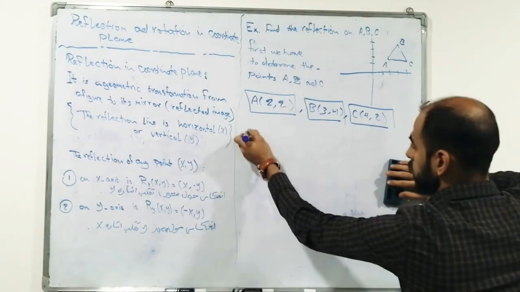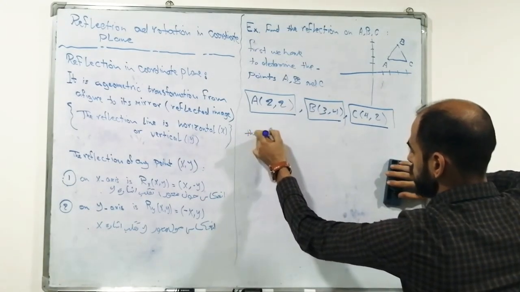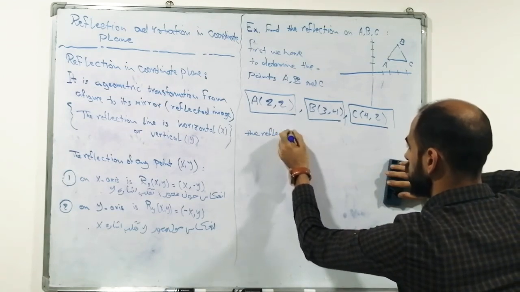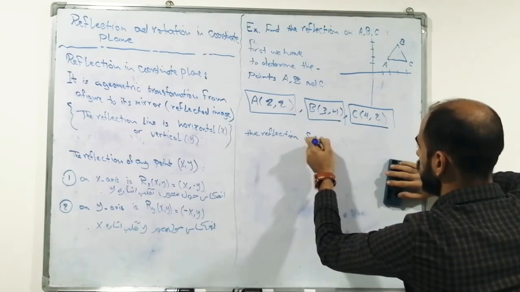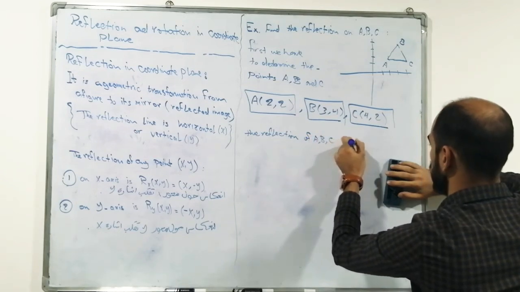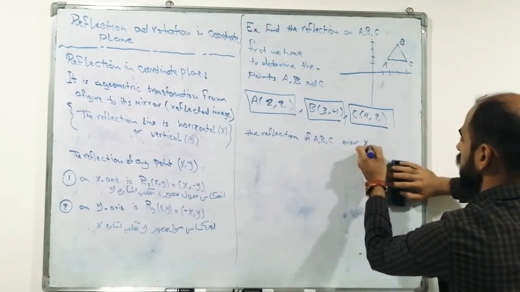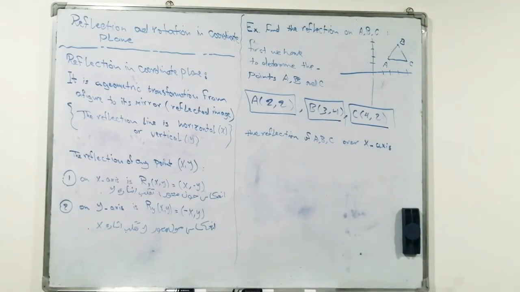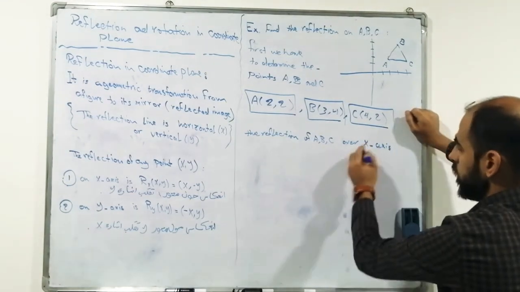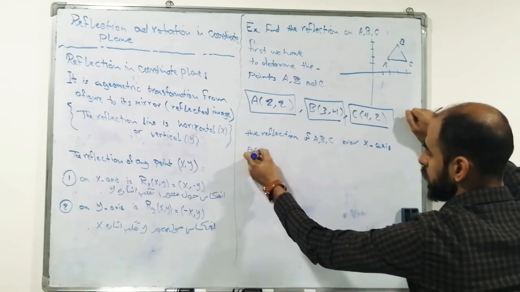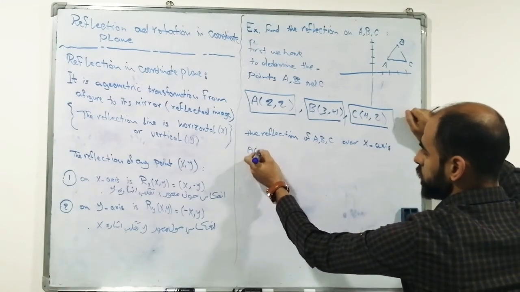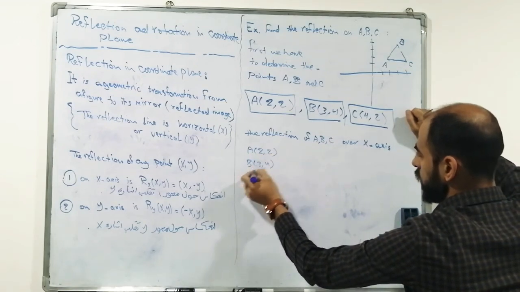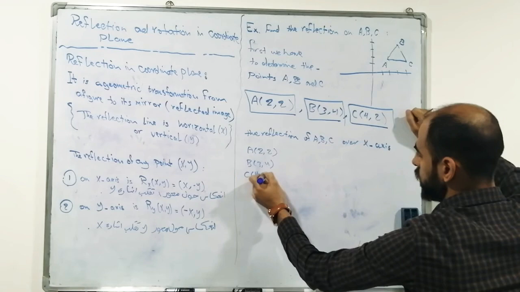So first we're going to find the reflection of A, B, C over the x-axis. The original points are A (2, 2), B (3, 4), and C (4, 2).